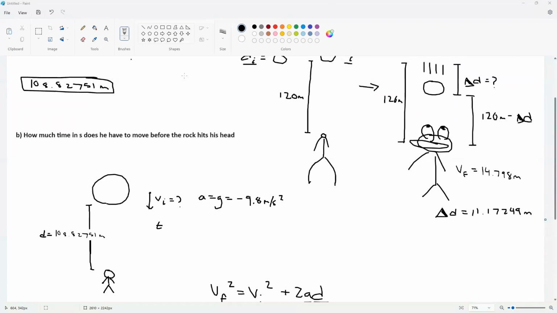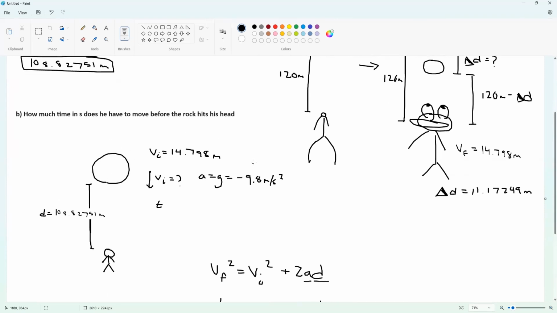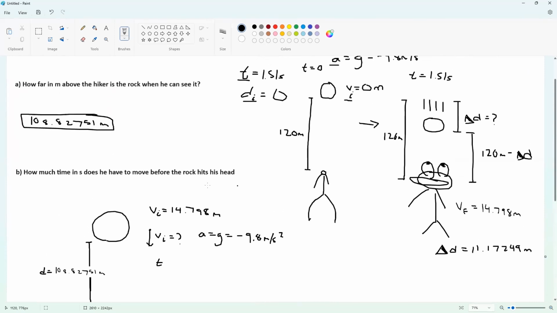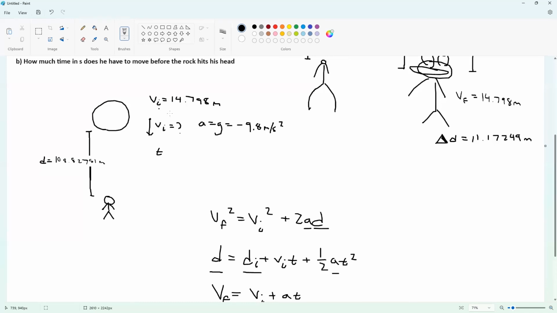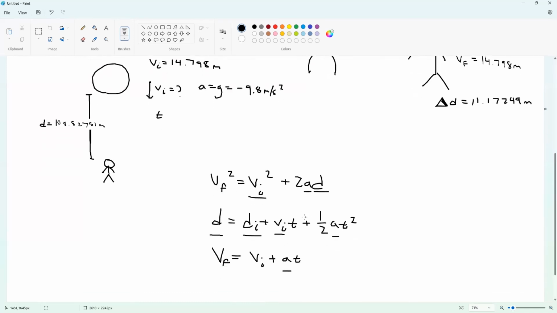The velocity it has after it falls some distance is going to be equal to this, and that is going to be our initial velocity over here, because our initial point is going to be our final point over here. Okay, so we now have the initial velocity, which is, we can underline new stuff, initial velocity.